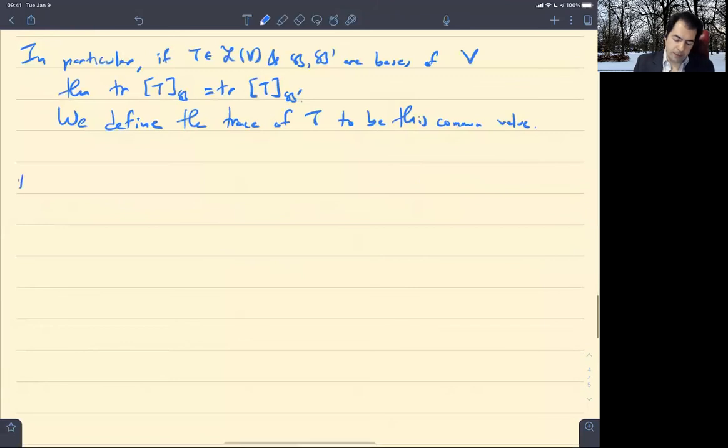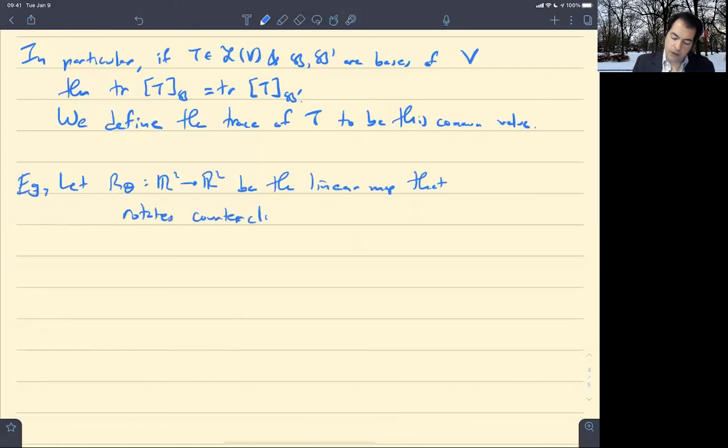Okay, let's work out an example where we can see this with specific entries. So let R theta be, as usual, the map from R2 to R2 that rotates counterclockwise by an angle of theta radians.